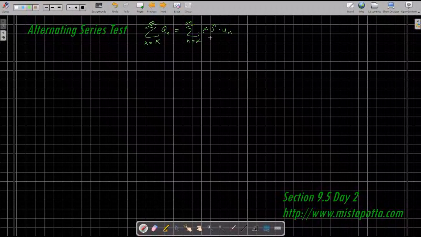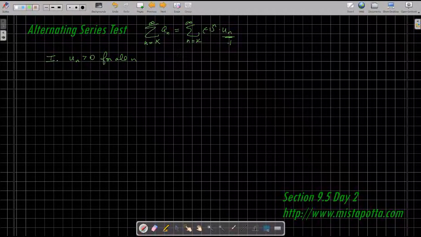And my alternating series test actually goes through three steps. One, the first step is that u sub n is greater than 0 for all n. In other words, this truly is an alternating series.